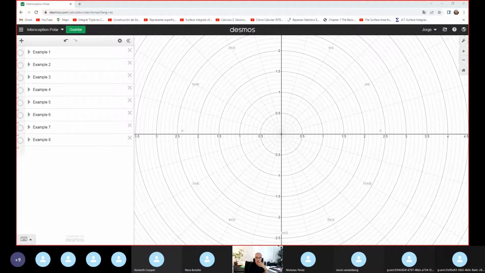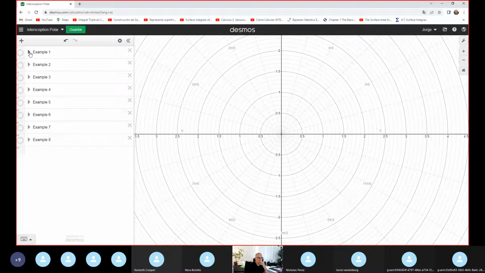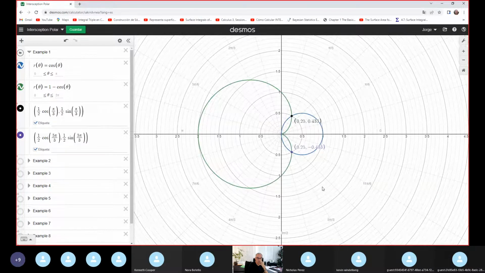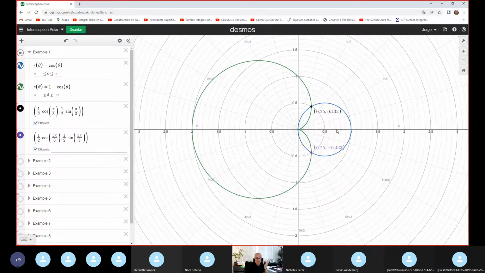Okay, look at that. Example one. Do you see decimals? Yes. In decimal we have the circle and the cardioid. Circle in blue color, cardioid in green color. And the famous intersecting points. The problem is that decimals give me the point as a decimal approximation, but 0.25 is obviously 1/4.